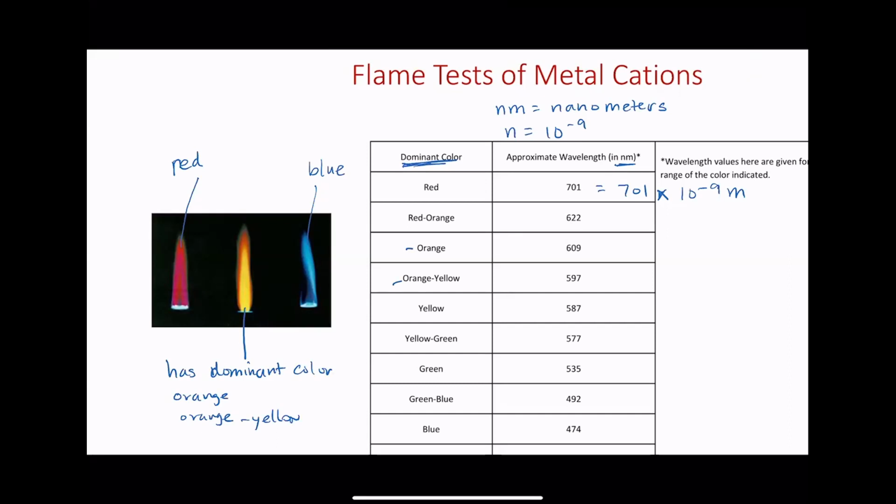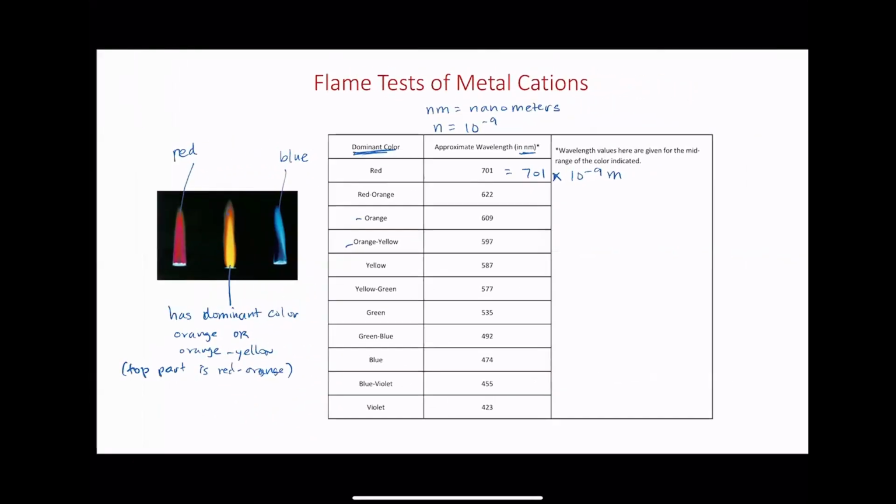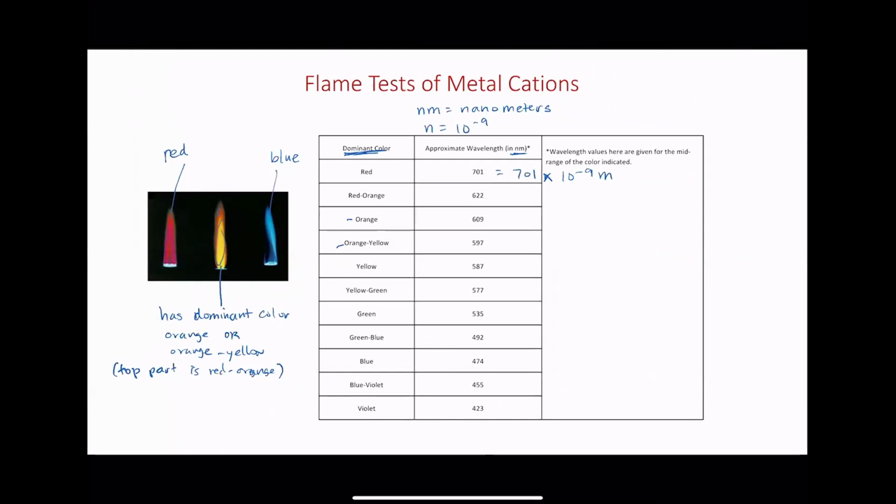And this is the same table that you have in your lab procedure. So orange, or you could write orange yellow, but you don't necessarily want to say this top part of it is red. So the top part is the red orange, but you don't want to go with something that is the minor color. Okay, so you want to go with the dominant color, the majority of the flame.